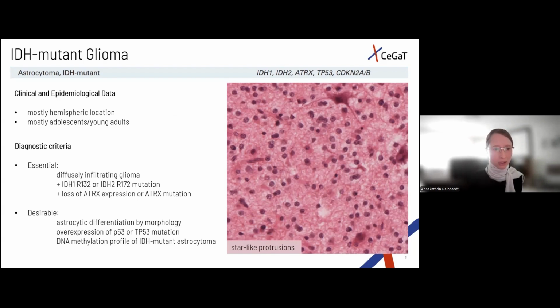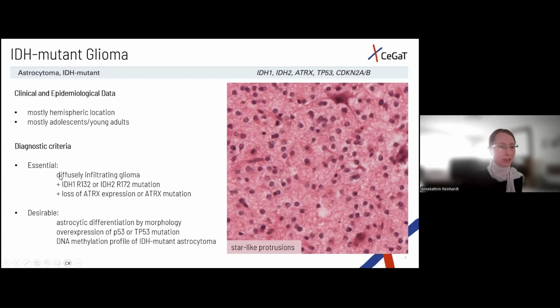The WHO lists diagnostic criteria for every entity, and they name essential and also desirable criteria. I will refer to these criteria exemplarily for every entity, and will concentrate on the molecular markers there.